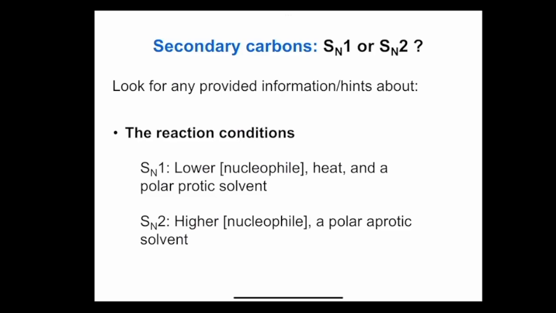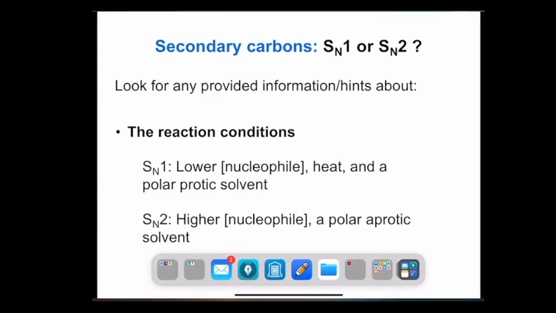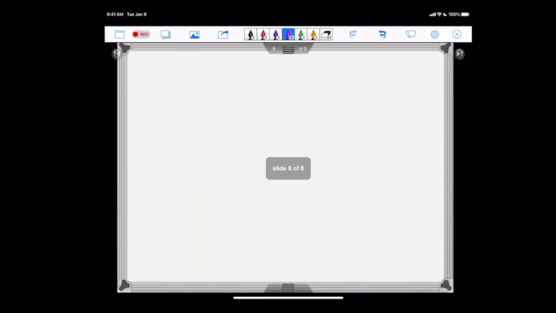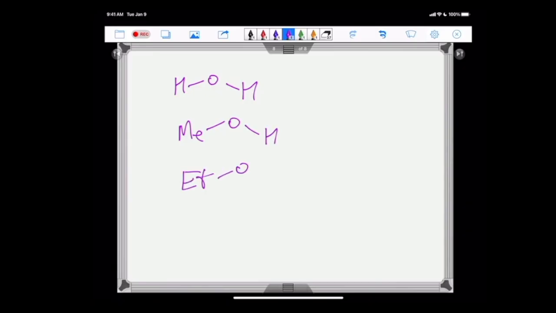A protic solvent is something like HOH, or something like MeOH, or let's say ethyl SH. To be a protic solvent means you have a neutral charged species with a heteroatom and a hydrogen, right?